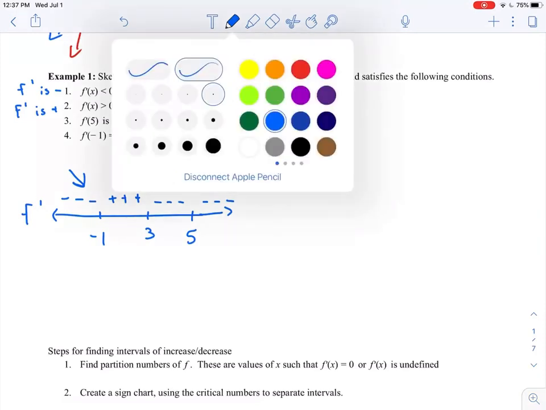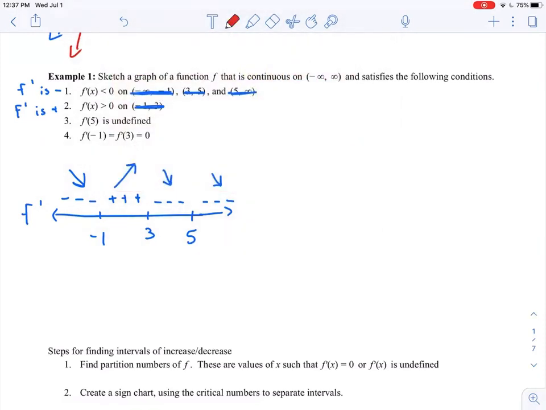Conditions 3 and 4, these are a little bit different because they're talking about specific x values rather than intervals. So for example, in the third condition here, it says f prime of 5 is undefined. So we're talking about what's going on exactly at 5. And they tell us that f prime of 5 is undefined.